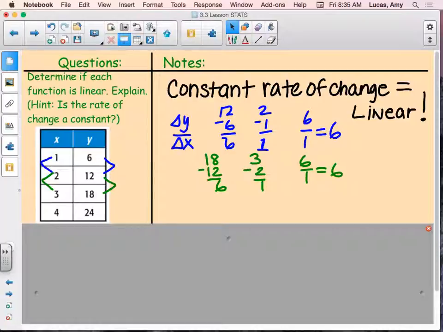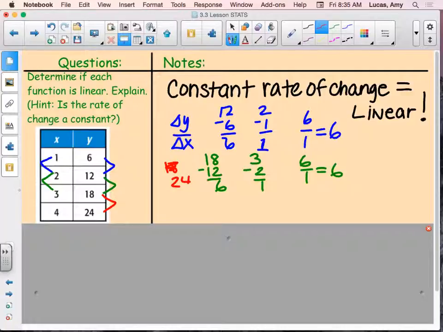You have to check every single interval, because if one of them is different, it's not linear. Okay, so this one, the rate of change is 6 every time. So determine if it's linear. Yes, it has a constant rate of change of 6.